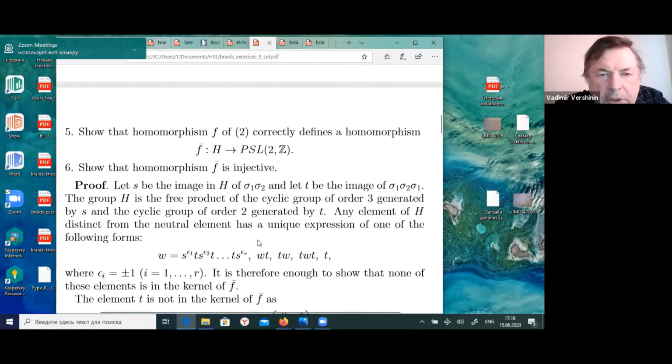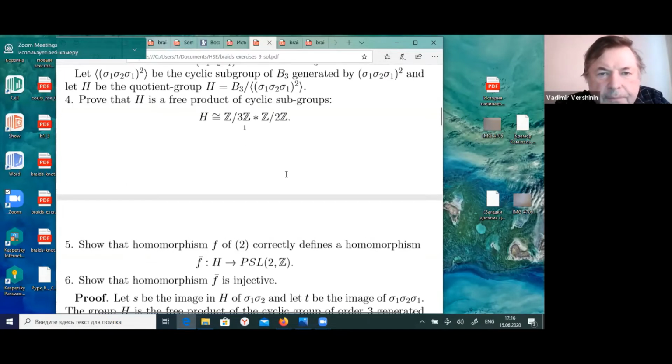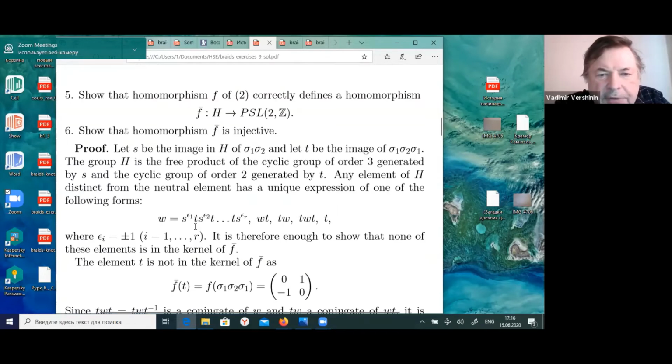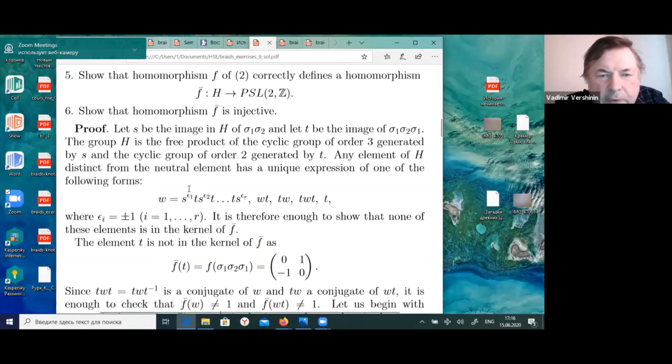What do we need? As it is a free product, in this free product we can write an element in one of the following forms.